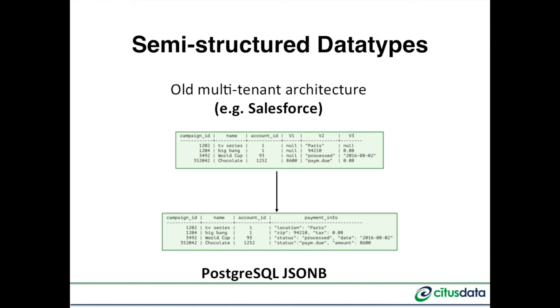And then I'll make a note, maybe on another topic here: if you have a multi-tenant model, often, and this is more the old school multi-tenant architecture, for example, the one that Salesforce uses or used internally, you have different data depending on which tenant type it is. And so if you are storing that data in the same table, there was an old model where you basically said, I have columns like V1, V2, V3, and depending on tenant type, I store different data in each of these columns.